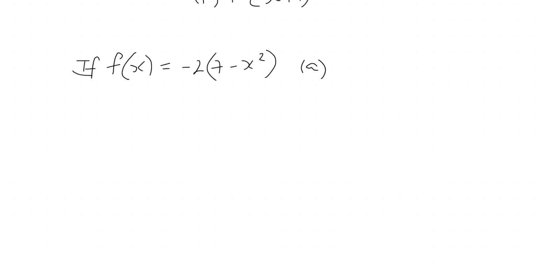So if f of x is equal to 7 minus x squared, we're going to find the following. We're going to find f of 2.